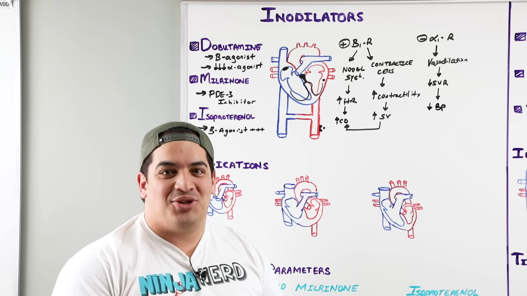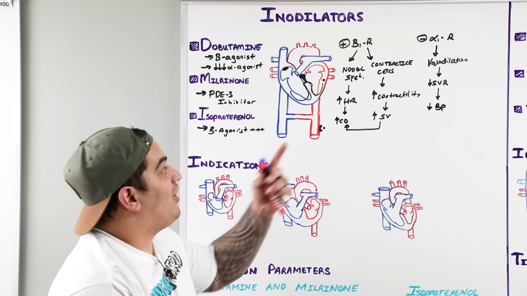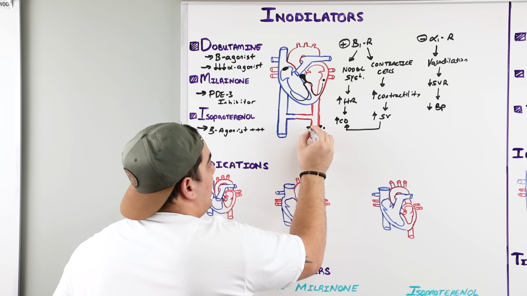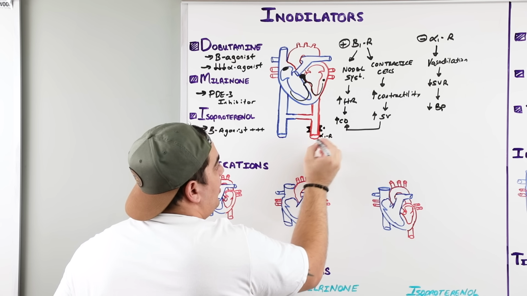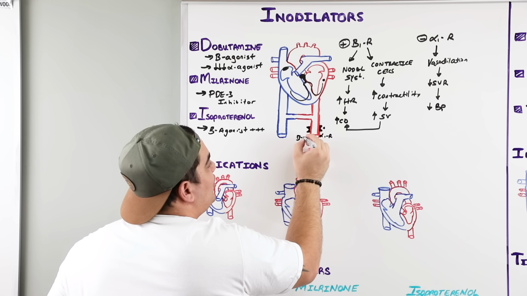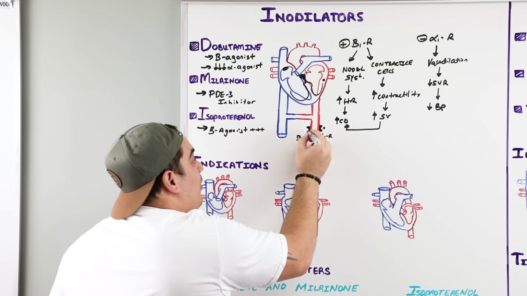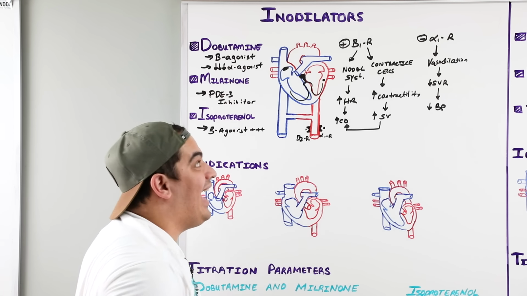Now, the other thing that you have to remember is that not only are there alpha-1 receptors on the peripheral vessels, there's also, let's denote that, an alpha-1 receptor here. There are also beta-2 receptors on the peripheral vessels. And dobutamine is a beta-agonist.